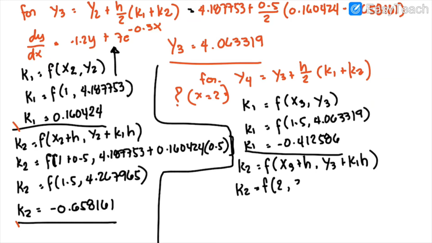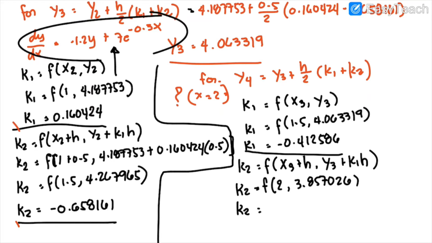That is 3.857026. Substitute to our equation, to our given function. Substitute lang natin dyan. K2 for y4 is negative 0.786750.